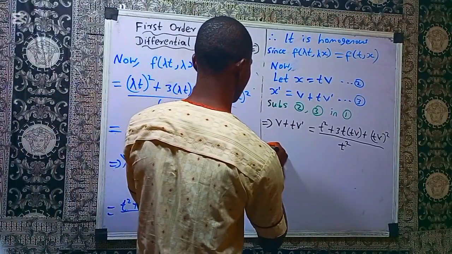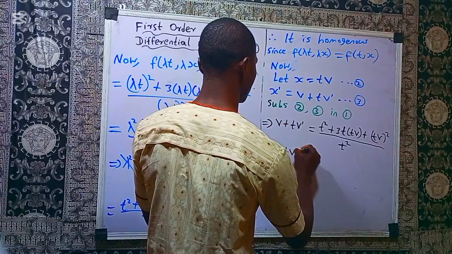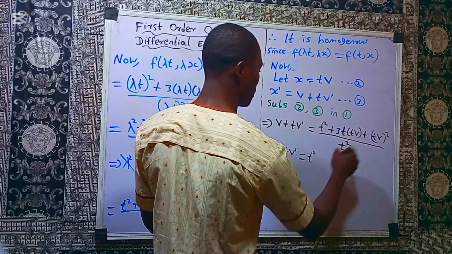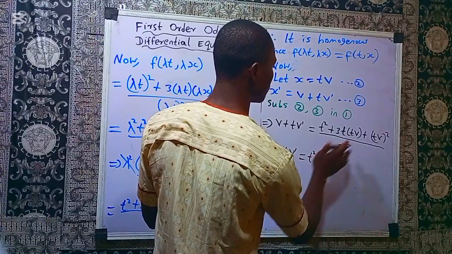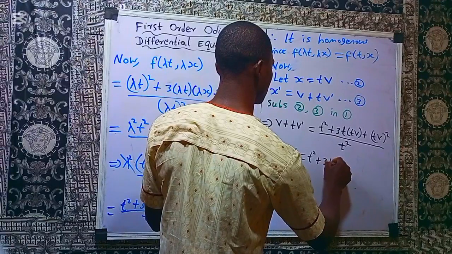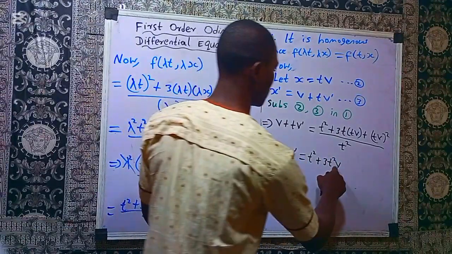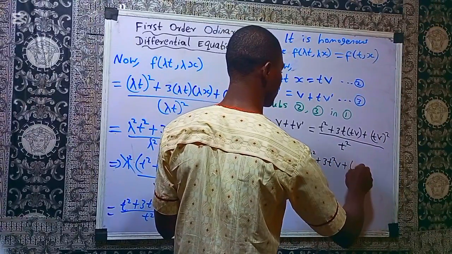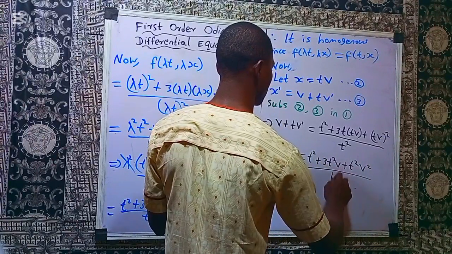So this implies v plus tv prime is equal to t squared. Now t multiplied by t gives t squared, so altogether we have t squared, plus 3t squared v, plus, if you square t you have t squared, square v you have v squared, divided by t squared.